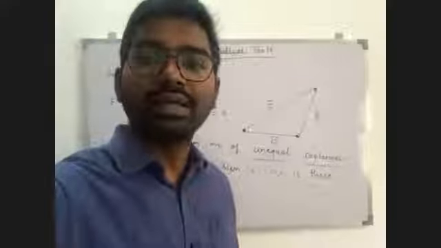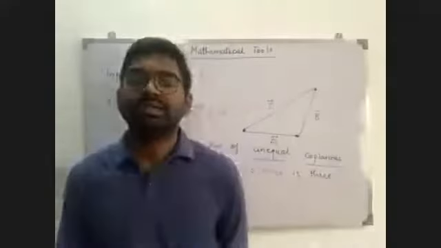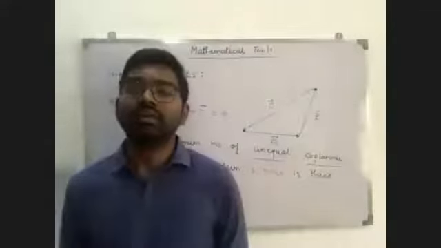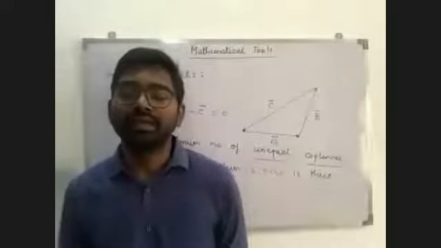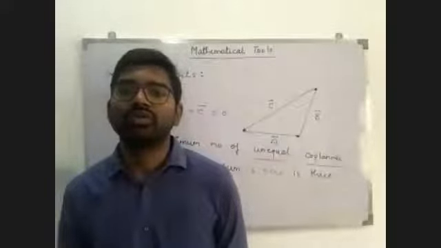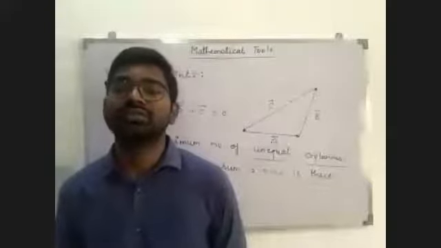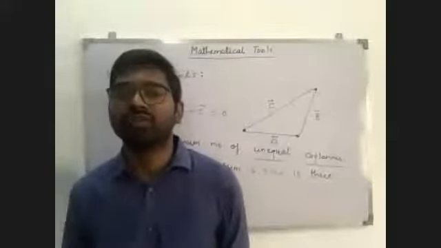Now listen to what I'm saying: the sixth point is that the minimum number of non-coplanar vectors whose sum can be zero is 4.